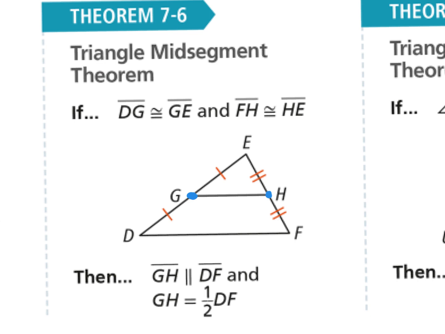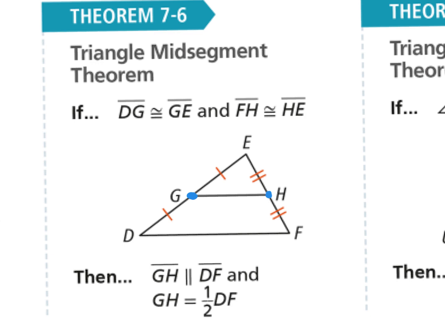So you can see there with the marks that they put through those that GD and GE are congruent, which they've marked up above. And then H would have to be the midpoint of EF. Since it's splitting EF in half, EH and HF would be congruent.